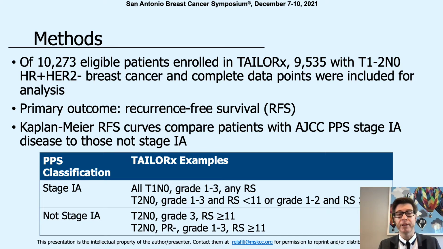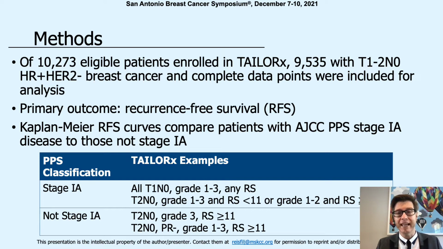They performed a recurrence-free survival analysis, and for the purpose of the TAILOR-RX, the AJCC PPS classification included in stage 1A all T1 and 0 cases that were grades 1 to 3 or in any recurrence score, or T2 node negative grades 1 to 3 and a recurrence score less than 11, or grades 1 to 2 recurrence score greater than or equal to 11.